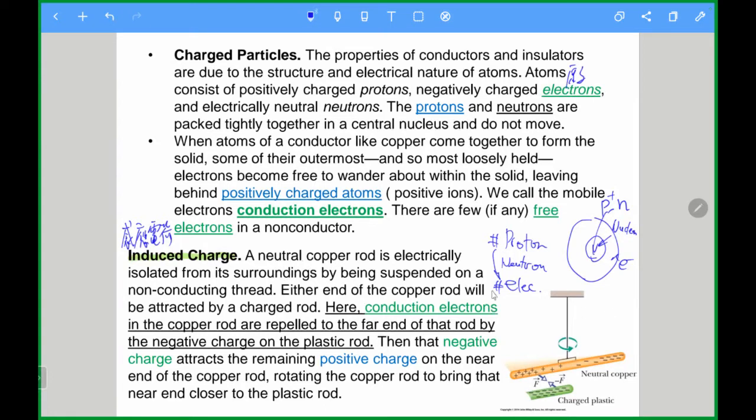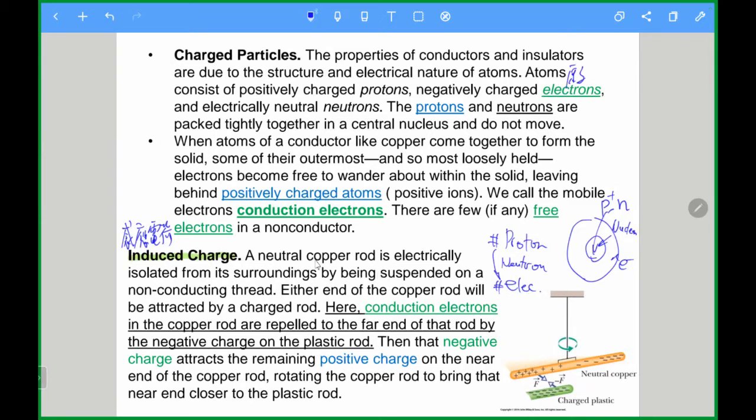Although you see some positive signs and also some negative signs throughout the copper rod, we call it neutral, which means that the total charge amount over the copper rod is zero or near zero.